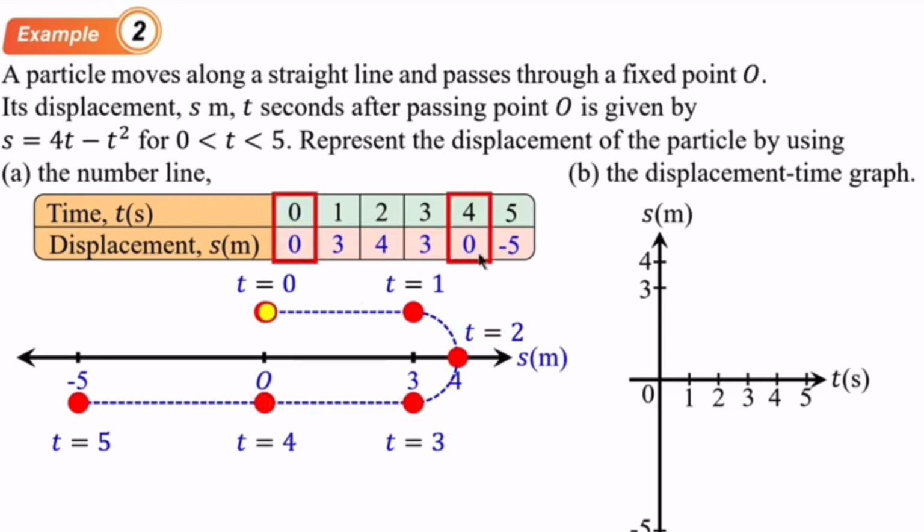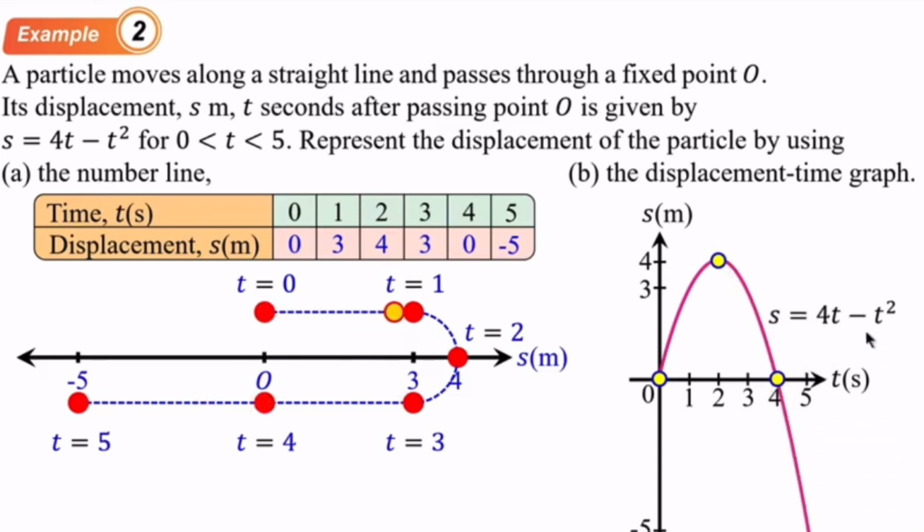When t equal to 0, the starting point is 0, and when t equal to 4 the displacement is also 0, so that is the intercept. We call it the y-intercept, but it is actually the displacement equal to 0. So we are getting an N shape because the particle has a maximum displacement, right?